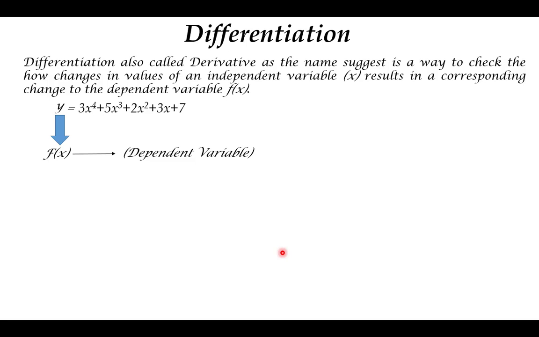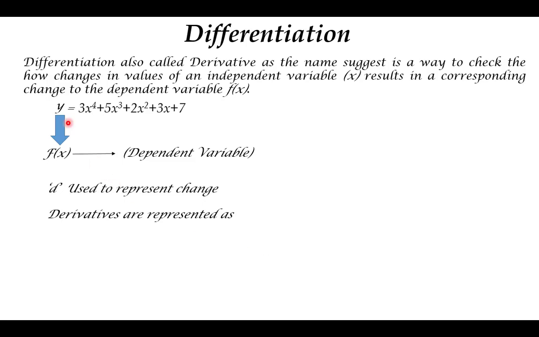Now, let me introduce one concept in differentiation. In differentiation, we use the letter d to represent change. Derivatives are represented, as in our example above, using y and x. Y being a dependent variable and x being the independent variable, we will represent this derivative as dy over dx, or simply put, dy dx.